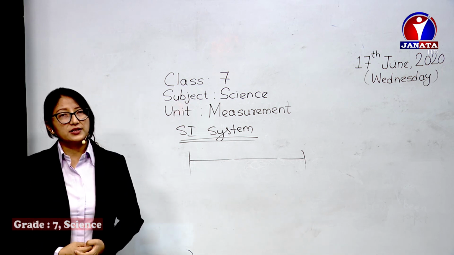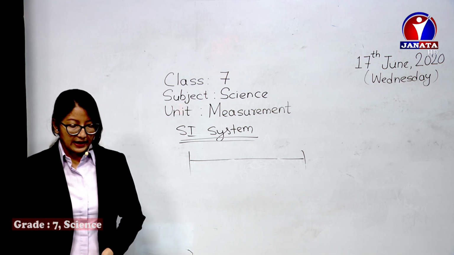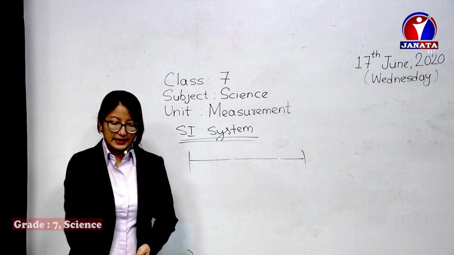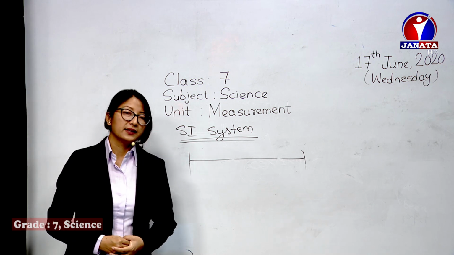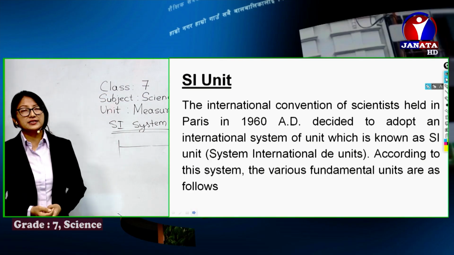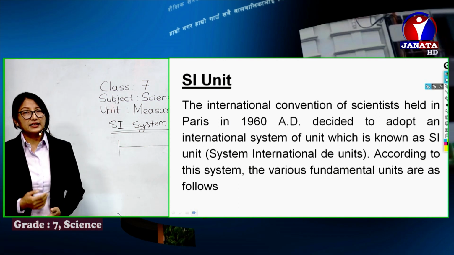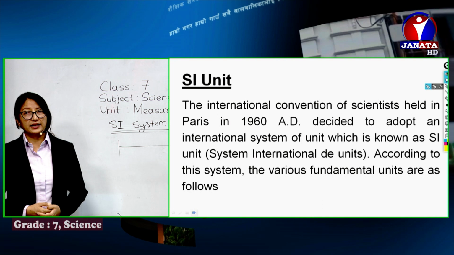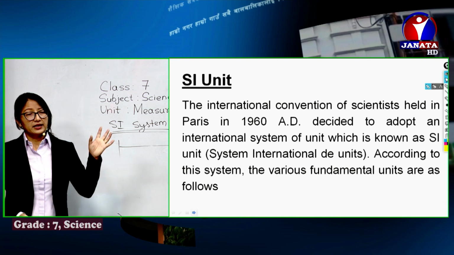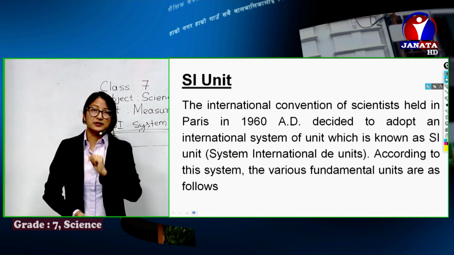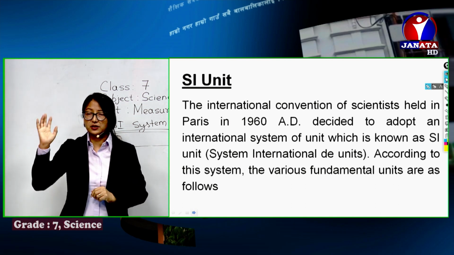Lots of scientists from different countries gathered and had a meeting, a conference. In 1960, they had a conference in France, and they came to the conclusion that it won't be possible for Nepal to use some other units of measurement, or India to use some other units, or America to use some other units.